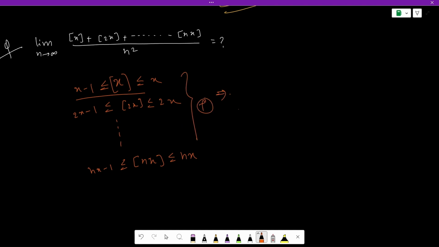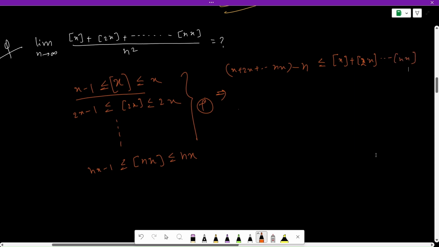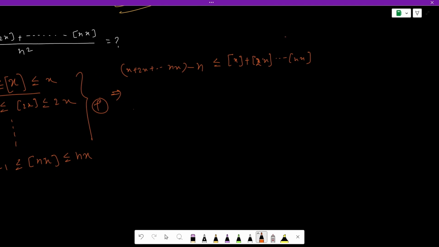So on adding we get x plus 2x plus so on up to nx minus, we have to subtract 1 n times, so this is n, this is less than or equal to the sum of greatest integers of x, 2x and so on up to nx, and this is less than or equal to x plus 2x plus so on up to nx. Right, now what we need to do is divide by n square. So let's divide by n square.